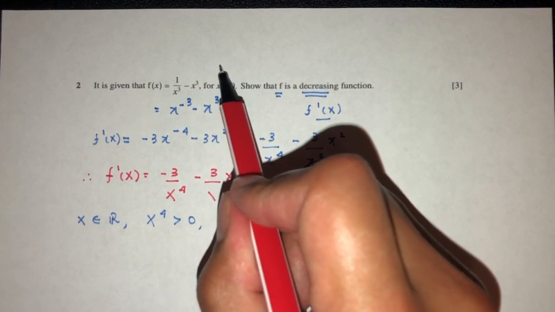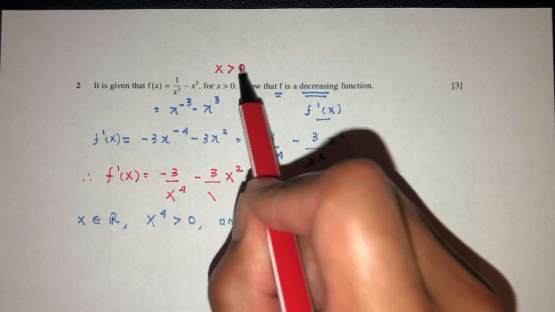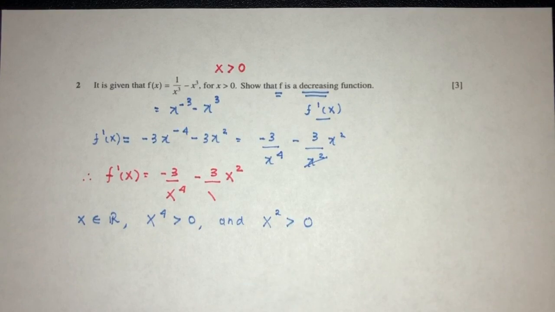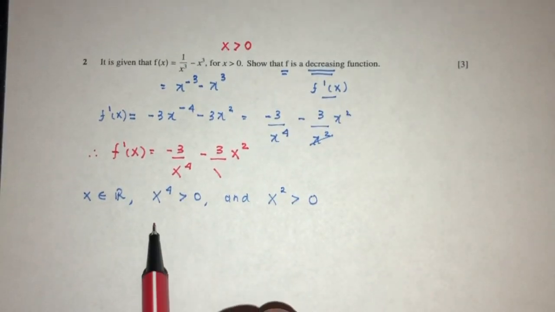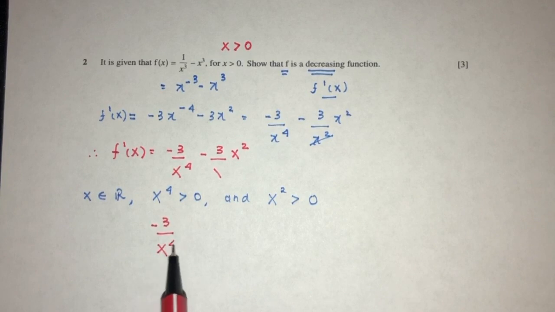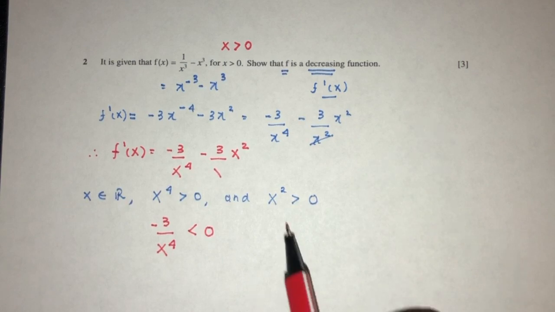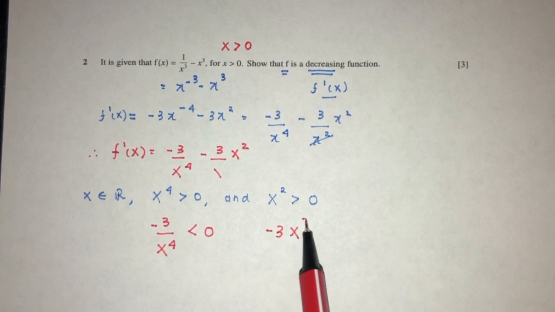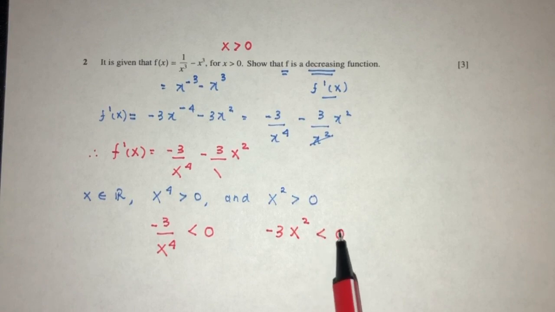Now for x more than 0, this is always the case, right? Now we understand that if you take a negative number, divide by the positive number, this will give you a negative number, right? Now here, we take minus 3 times x squared will give you a negative number.